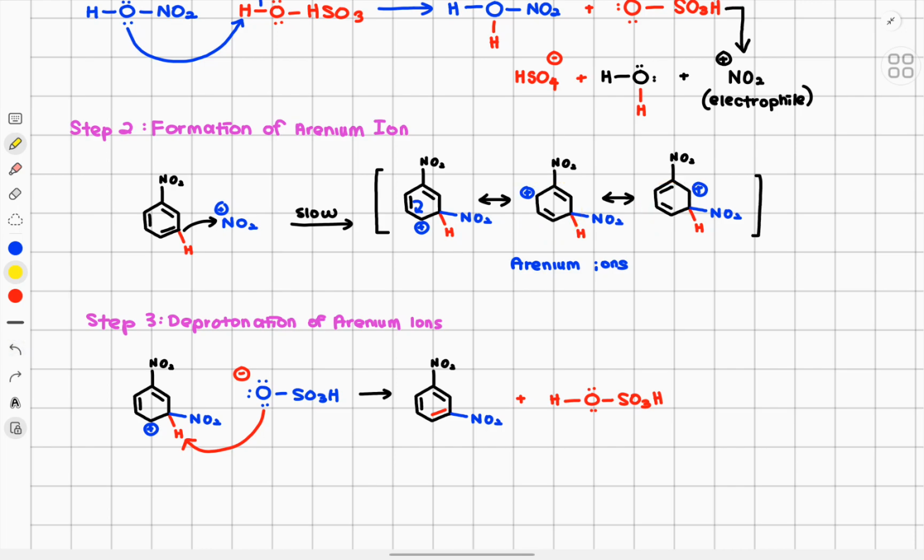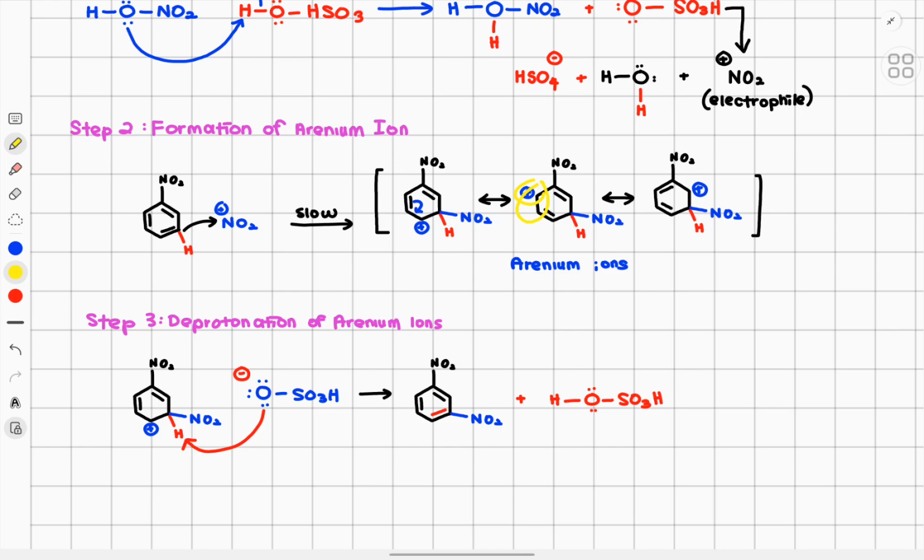The second arenium ion is where the charged ion will go from here because the bond will move in front. So there is no carbon double bond here, thus the ion is formed here.